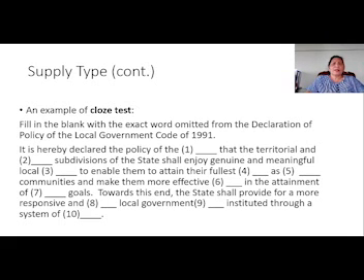So it is hereby declared the policy of the state that the territorial and political subdivisions, we know that our country is divided into political subdivisions. So in other words, even if you're not familiar with the policy statement, you would be able to answer by just looking at the context. Okay?